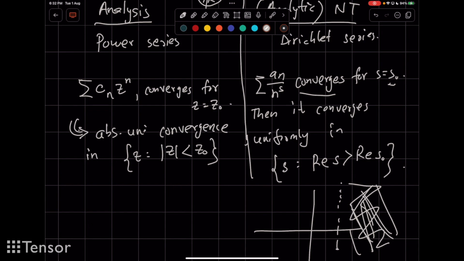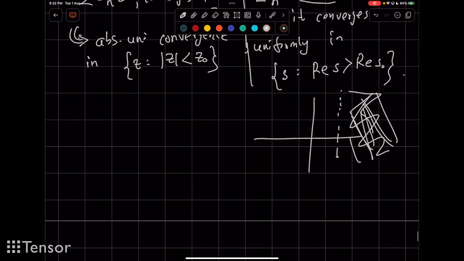Yeah, no is the correct answer. Let me state the counterexample. I forgot its name.